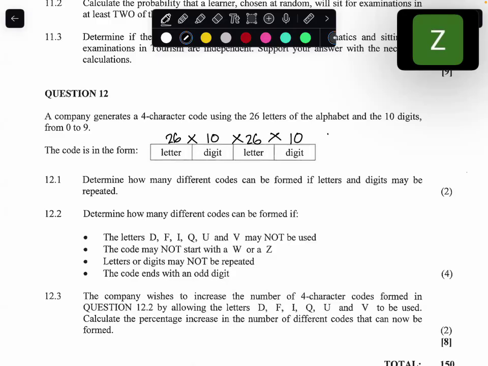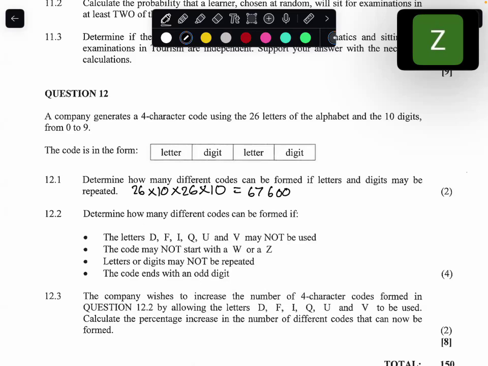Right? That gives you an answer here to be 67,600. That's for the first question. 26 times 10 times 26 times 10. Right, okay. It's the first one. Next one says, the letters D, F, I, Q, U, and V may not be used.